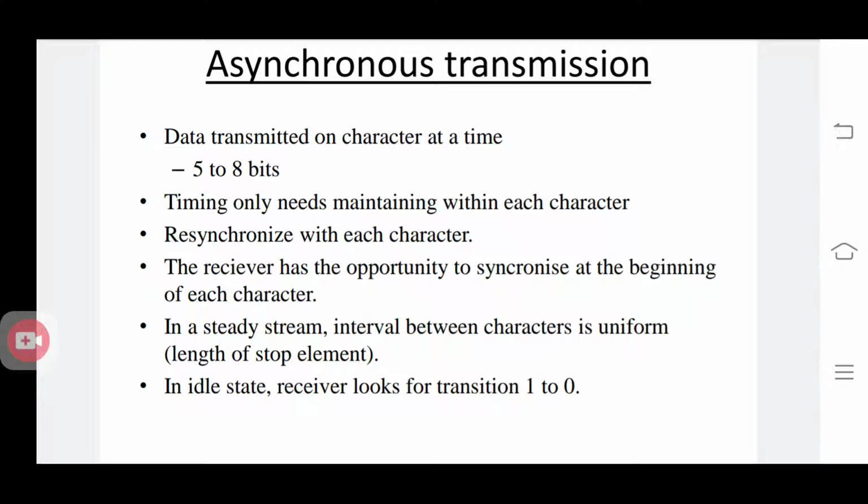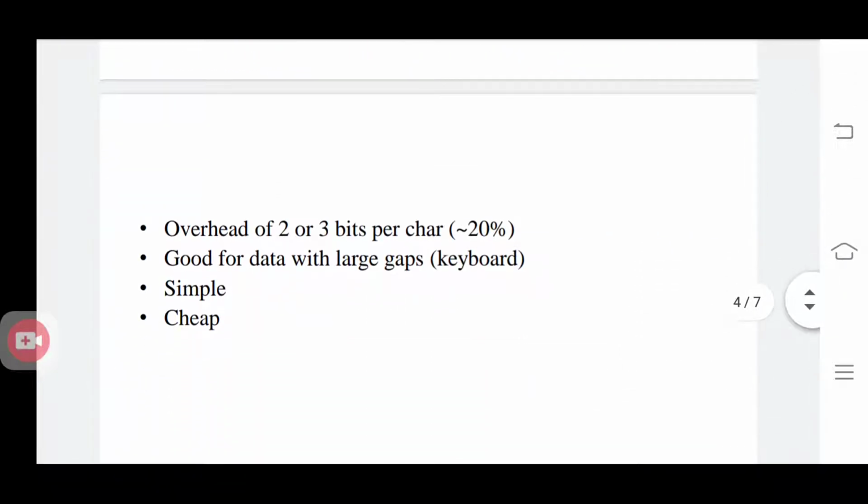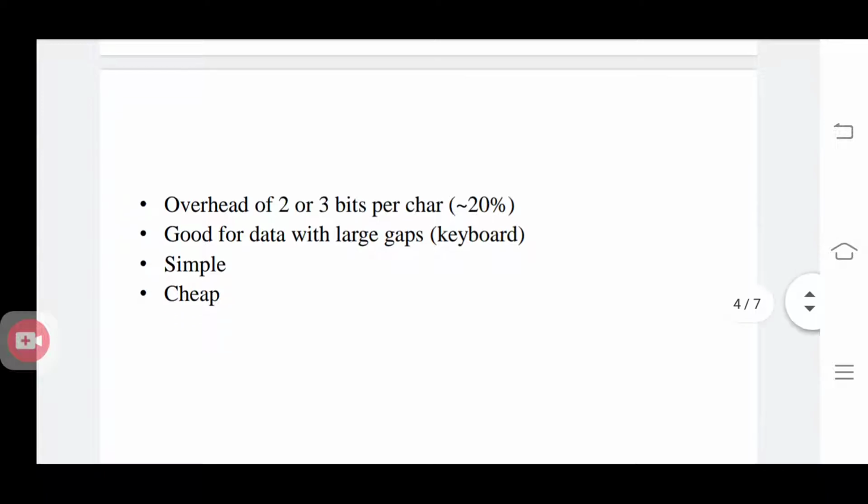In a steady stream, the interval between characters is actually uniform, but if there is an idle state, the receiver looks for the transition from 1 to 0. Here some overhead of 2 to 3 bits per character occurs. Its performance is low and it's good for data with large gaps, and it is simple in nature and cheap.